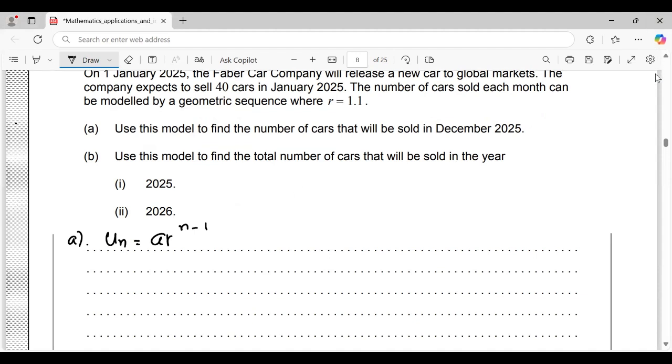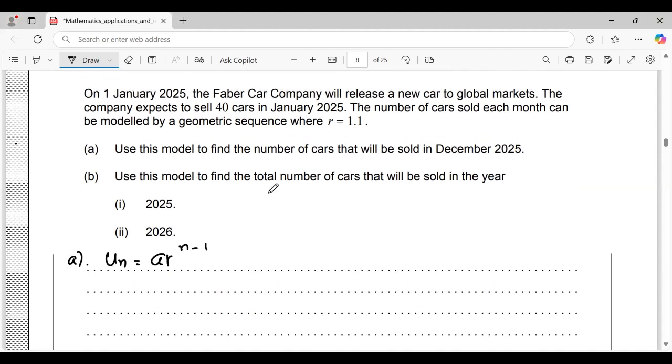So in this problem, a, or U first, the first term is 40, and the ratio is 1.1. December 2025 is U12.